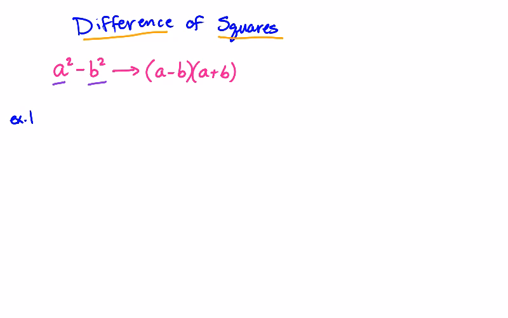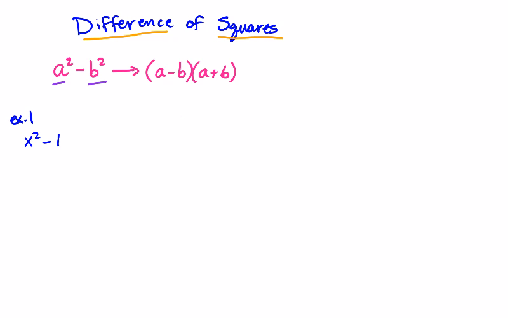Example 1 here, we'll just say is x squared minus 1. Both are perfect squares. X squared is a perfect square and 1 is a perfect square. To figure out what would go in each parentheses, you would just square root each term.